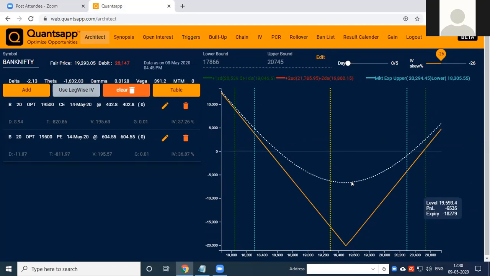So buying the option in a high vol scenario is quite risky compared to buying the option in a low vol scenario. Correct? Similarly, selling the option in a low vol scenario is very risky compared to selling the option in a high vol scenario. So keeping a close watch on the vol and taking the strategy matters a lot.